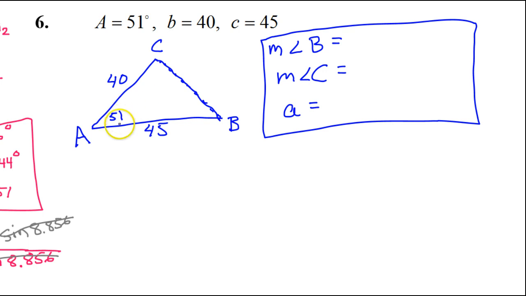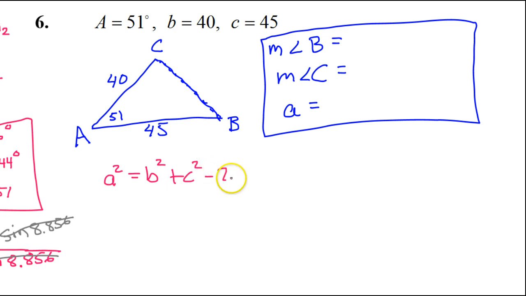Let's start by using the angle that they gave us. So I'm going to start by finding side A. That's why I'm going to start off using the version of the law of cosines that begins A squared. All right, A squared is equal to B squared plus C squared minus 2BC cosine of angle A.